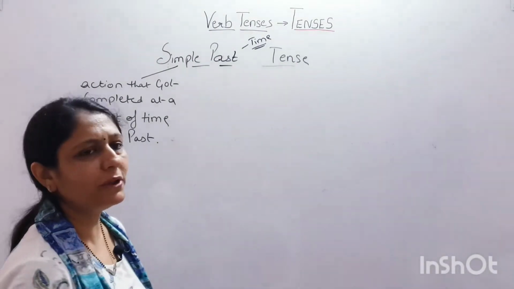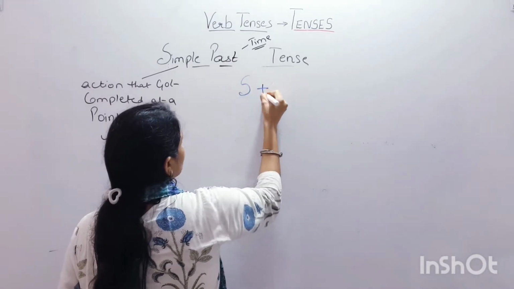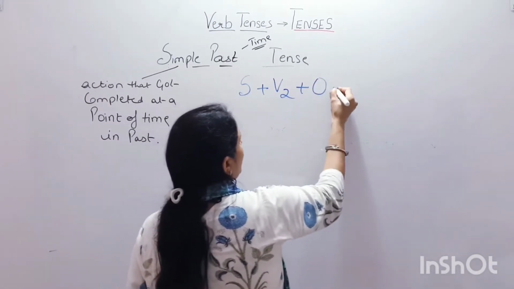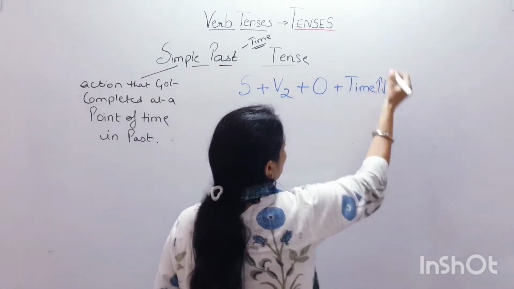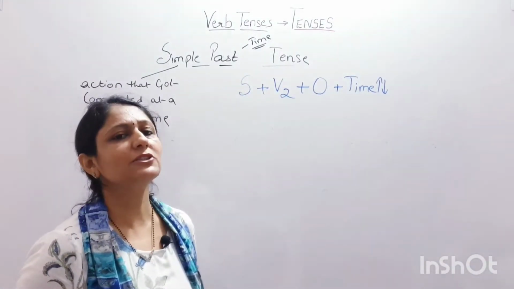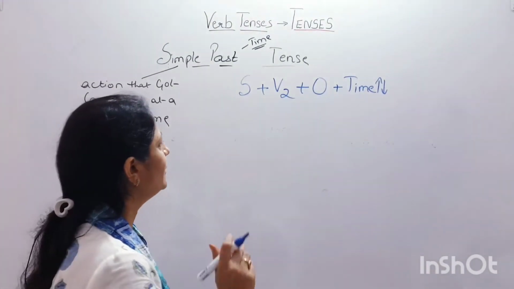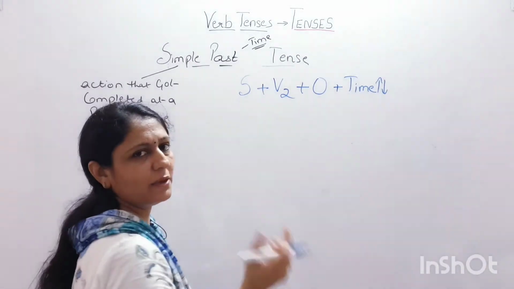Now, the formula for simple past tense is subject plus V2 plus object, and then we can also write time, which can be written or which cannot be written. Mentioning the time is optional. Okay, now let's make some examples over here. Like I had said, I play cricket. Now let's take the same example.